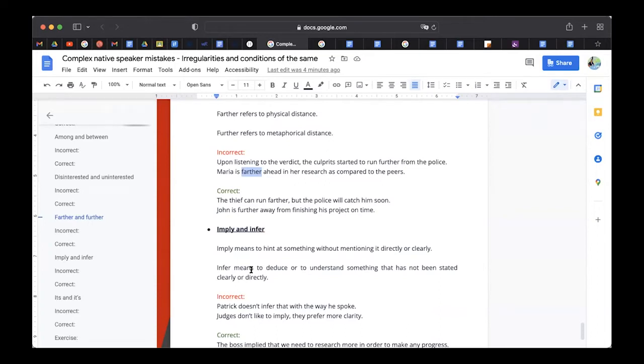Further. We can also say there is a conceptual distance only. Yes, that's why I said metaphorical, right? Figurative. Yes. Okay. Anyone else? Great.